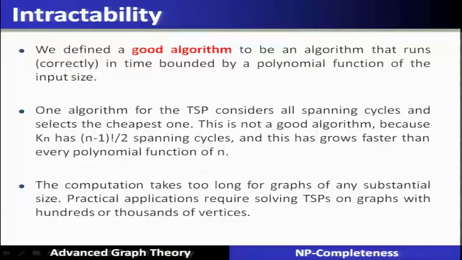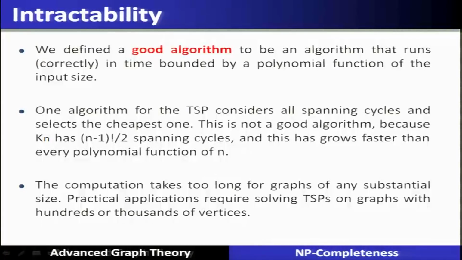So, this is not the good algorithm we are looking for, hence the computation takes too long for graphs of any substantial size. Practical applications require solving traveling salesman on a graph with hundreds or thousands of vertices, where this value shoots up, because it is not a polynomial. Hence, it becomes impractical to solve this problem using this kind of algorithm.